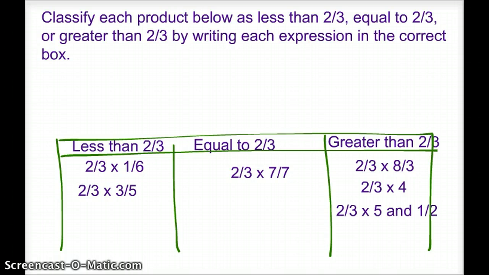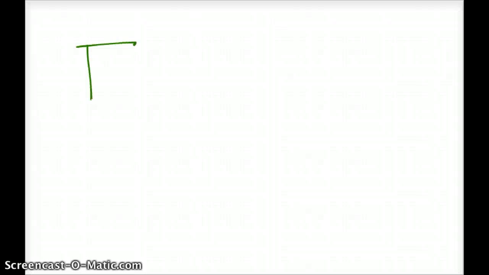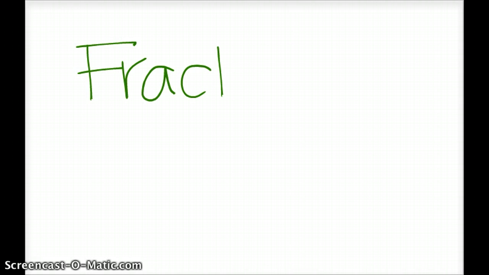You didn't have to do any math there. You didn't have to do any multiplication out. You just have to know that when you are multiplying by a fraction, your answer is going to be smaller.